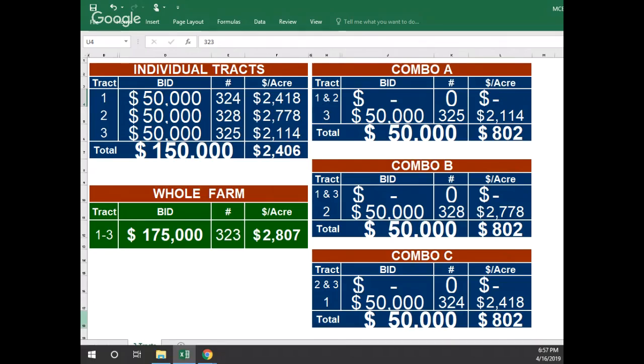Yes, sir. Raising the whole farm to 195. Bidder 323. Whole farm goes to 195,000, bidder 323.